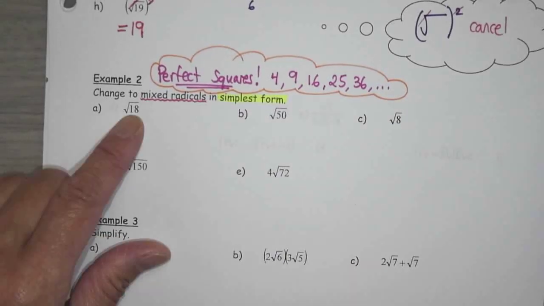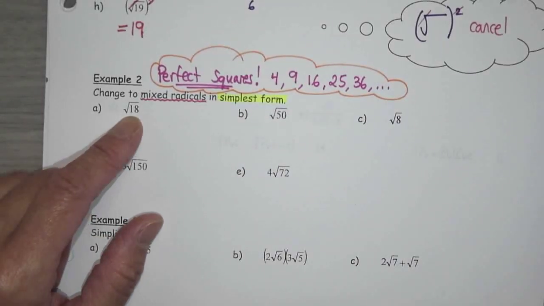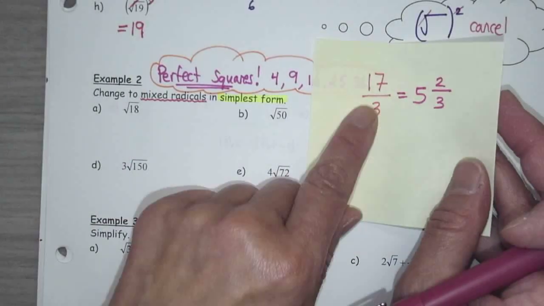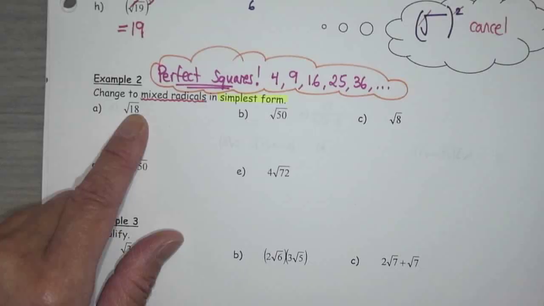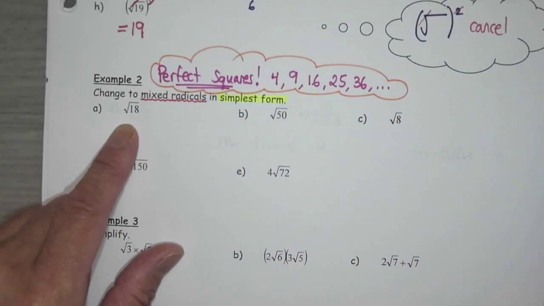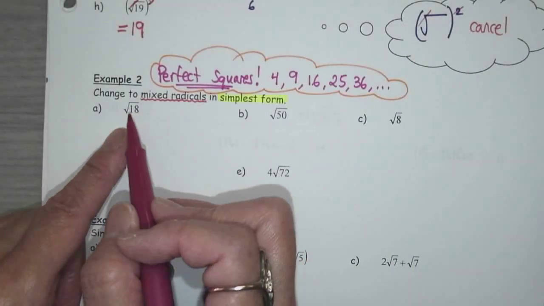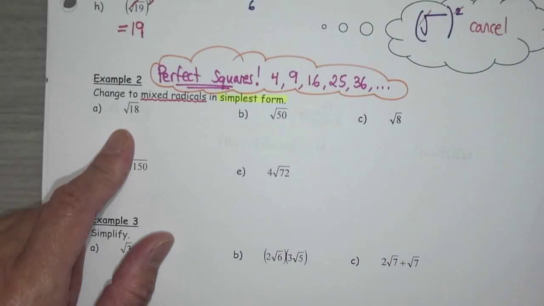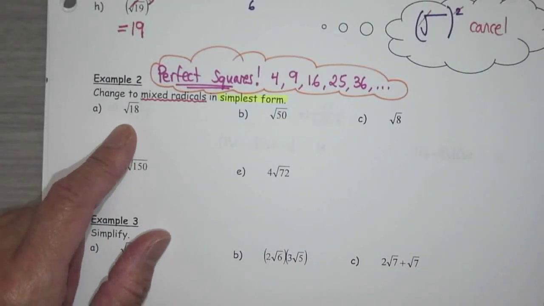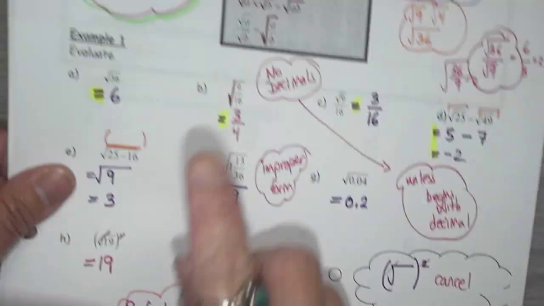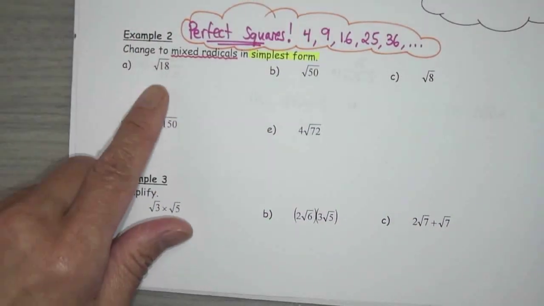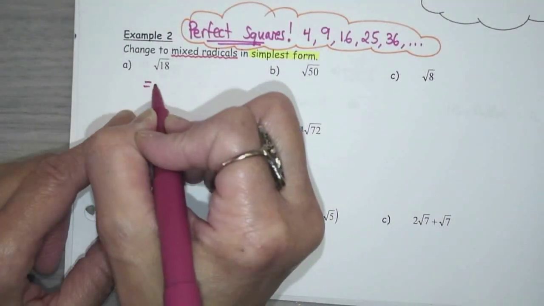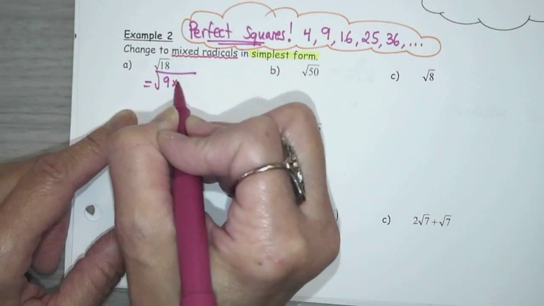So what I want to do is, just like I was looking for how many 3s I could get out of 17, I'm looking for how many perfect squares I can get out of this square root. What's a perfect square that will divide into 18? Yeah. 9. Okay, so now I'm going to use this property. So 18 is actually 9 times 2.